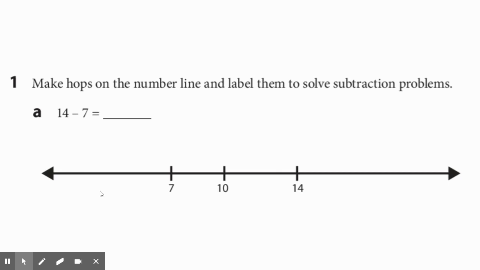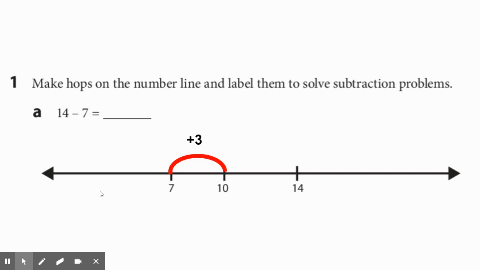The number 10 is there because we are going to make a hop up to 10 to get to our friendly number. We're going to use our knowledge of 10 facts to know that 7 plus 3 equals 10. So we're going to do a hop of 3 to land on our friendly number of 10.